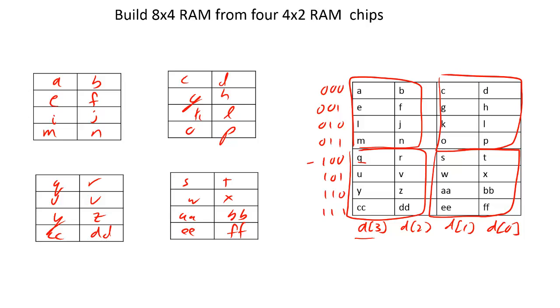Now when I think about accessing the addresses of any one of these RAM chips, what I have is address 00, 01, 10, 11, and so on and so forth. You can see that there's the same pattern in every single one of these. So these 2 bits match these 2 bits, and to access the correct address on each of these, I'm going to use address bits 1 down to 0.